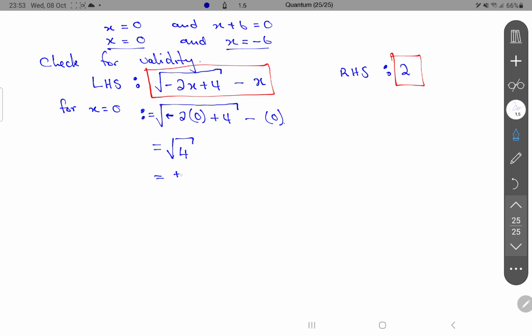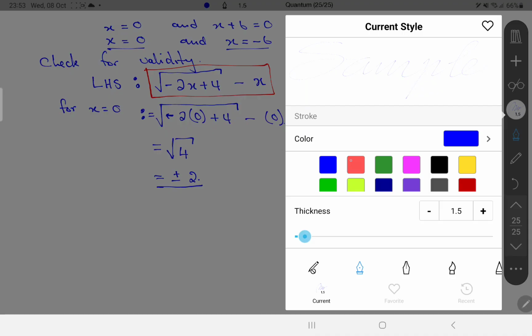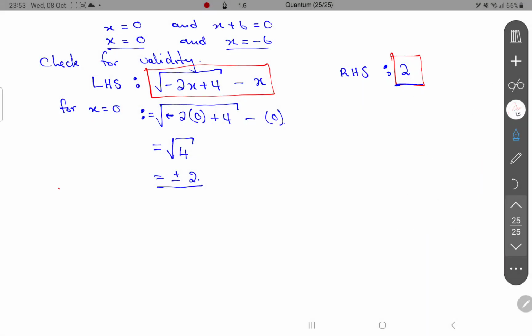That's going to be plus or minus 2. Remember, this one is also on this side. So therefore x equals 0 is a valid answer.